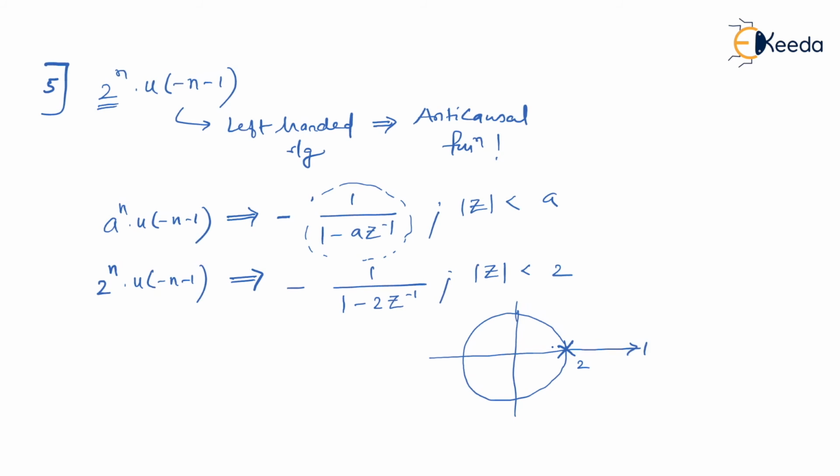Please don't forget, this is the real part of z, and this axis refers to the imaginary part of z. And ROC is inside the circle. This is the shaded portion which shows ROC for this sum. So you will always find that an anti-causal function will always have ROC inward. ROC outward when causal function, ROC inward when it is not causal, that is, anti-causal.